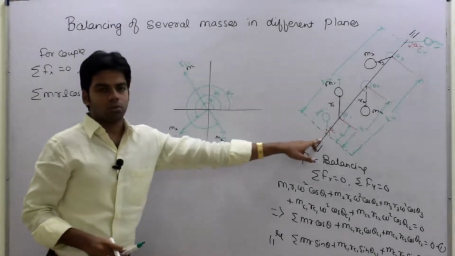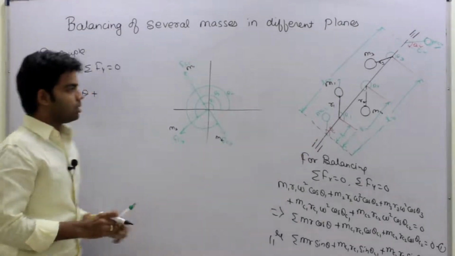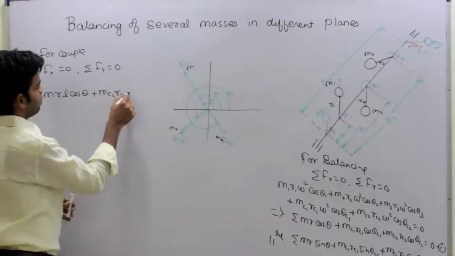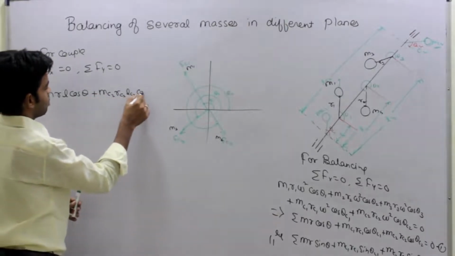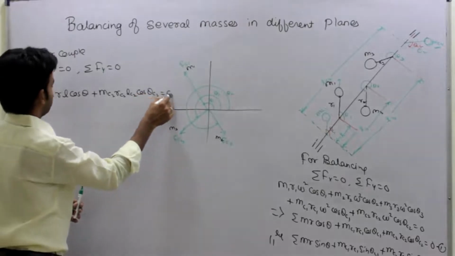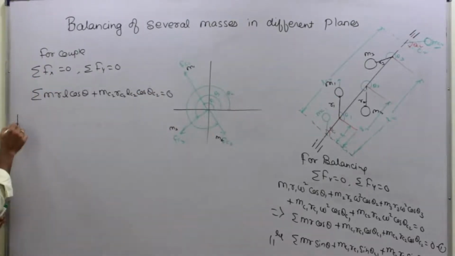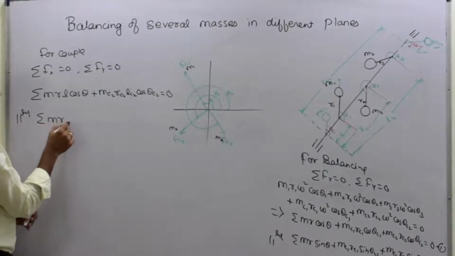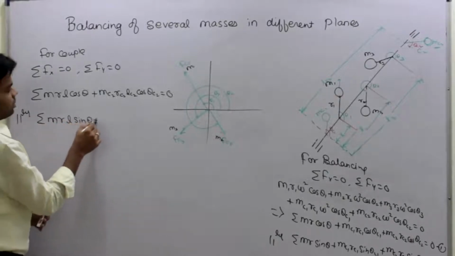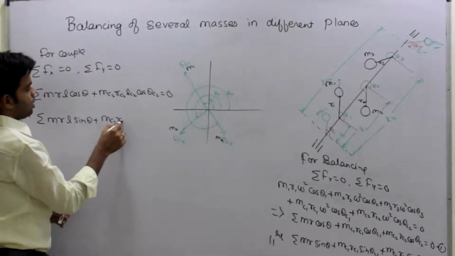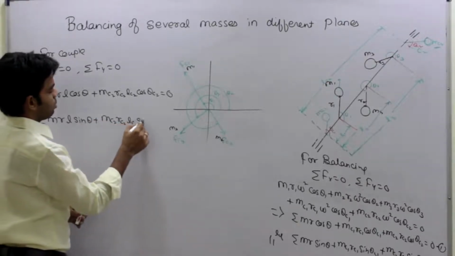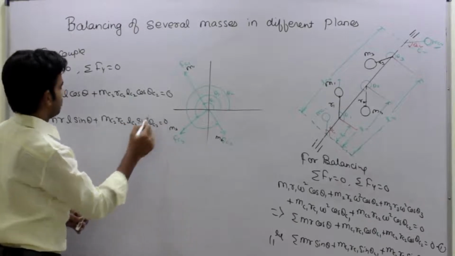We are taking the same plane for mc1, so we will not consider its couple, only one couple will be considered, that is mc2 rc2 lc2 cos theta c2. This should be equal to 0. Similarly, summation of Fy is equal to 0, summation of m r l sin theta plus mc2 rc2 lc2 sin theta c2. This should be equal to 0.